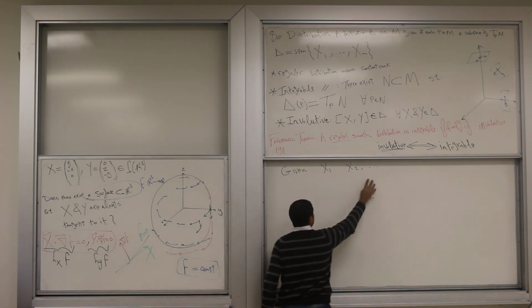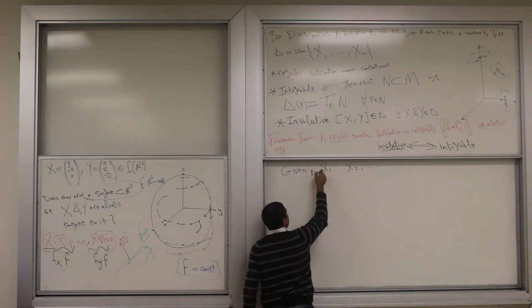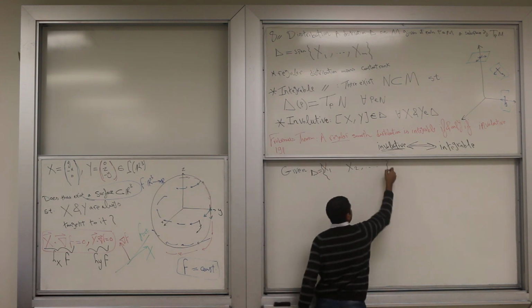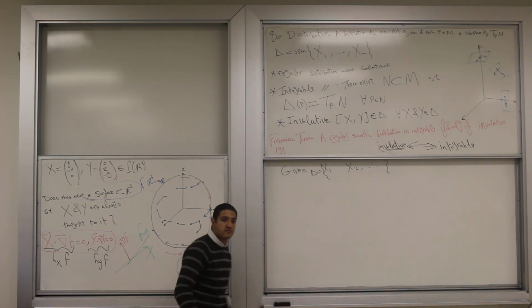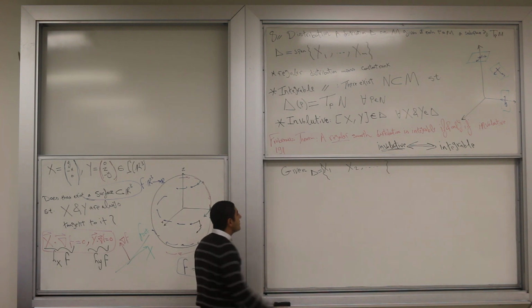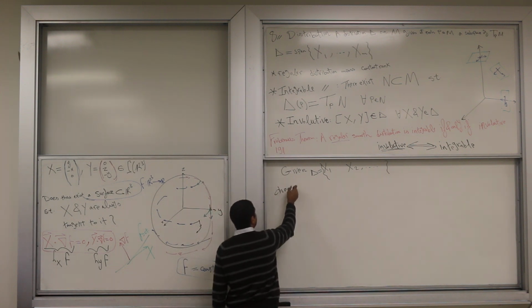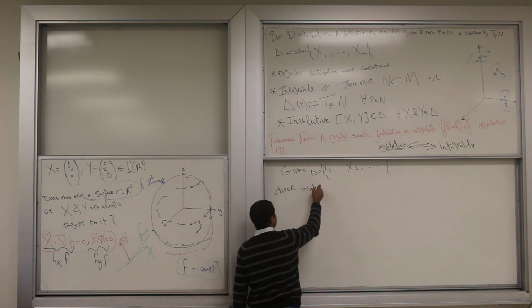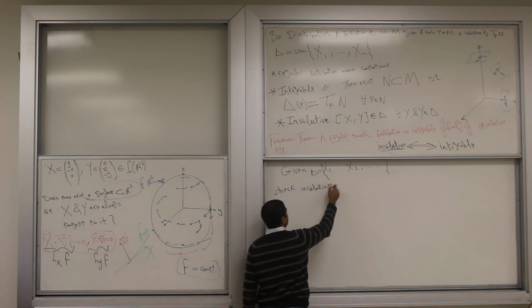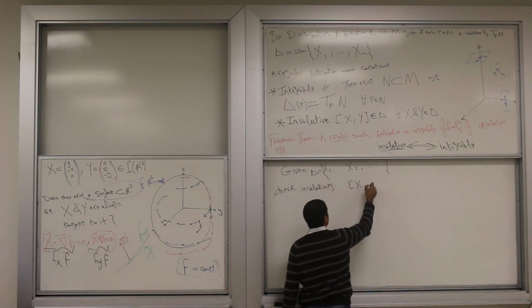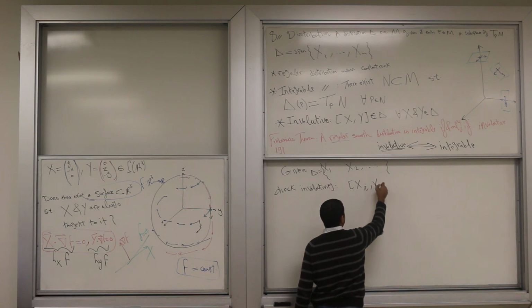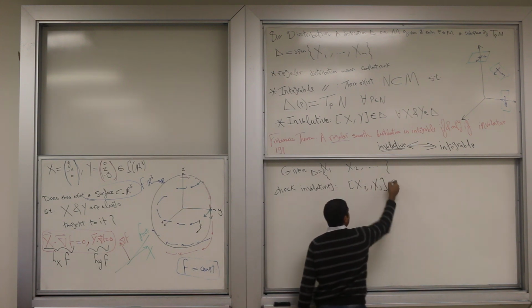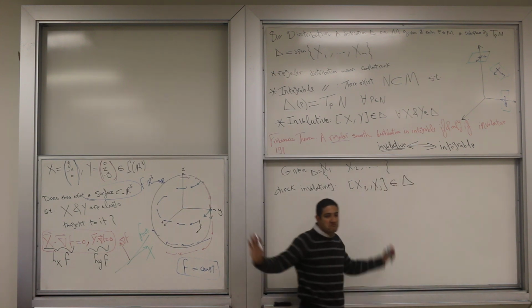Given this collection of vectors, please collect them in something we call a distribution. And then check involutivity. How can I check involutivity? It's very easy. Compute the Lie bracket between any xi and xj. The result should also be in delta.